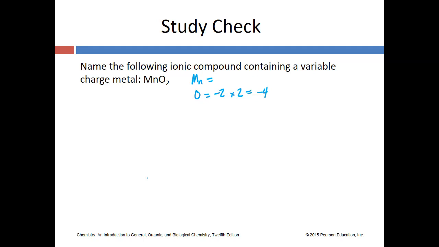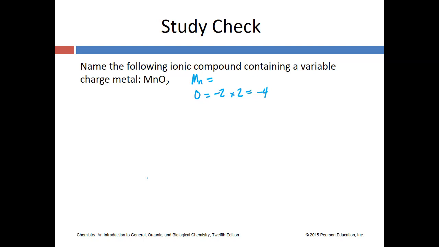All right, this one is a little bit more tricky than it seems. What we have to recognize is that our reverse crisscross here is actually going to put us in a little bit of trouble. Oxygen's a -2. We know that off of the formula. We know off of where it is on the periodic table.